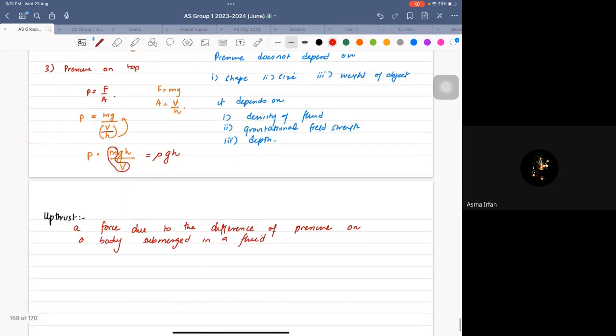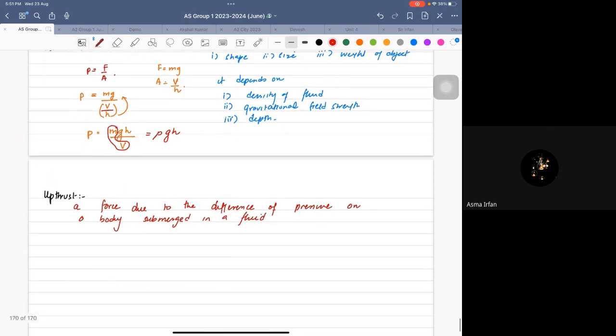So this is the origin of the force, but actually it is explained by this scientist called Archimedes, and we learn it by Archimedes' principle.